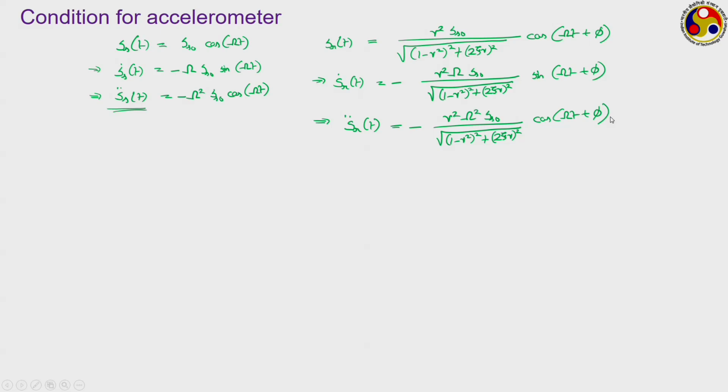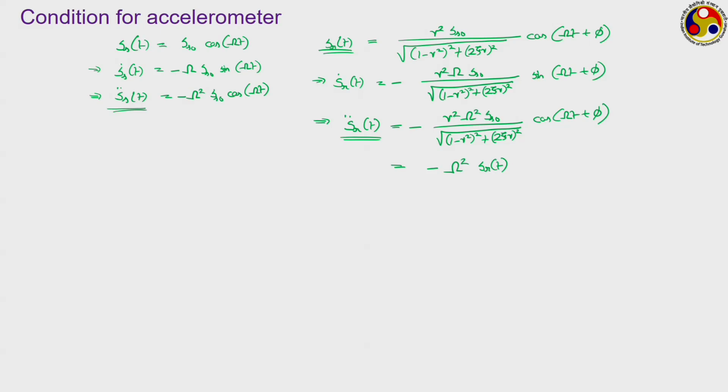Now, again we know that if we compare this particular form with this particular one, we can write this one as minus omega square of S_R(t). So, minus omega square S_R(t) is the one that we have got.